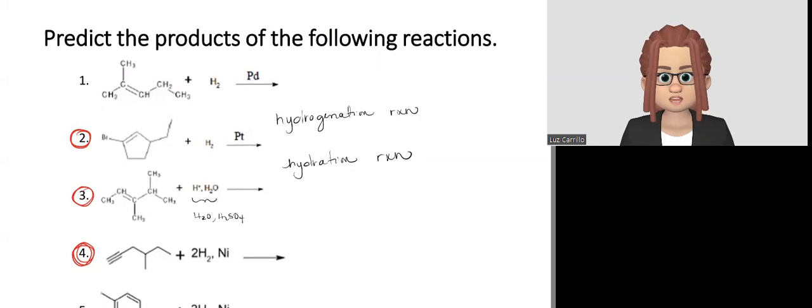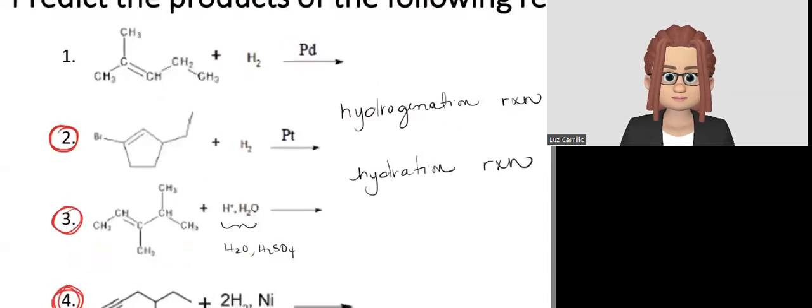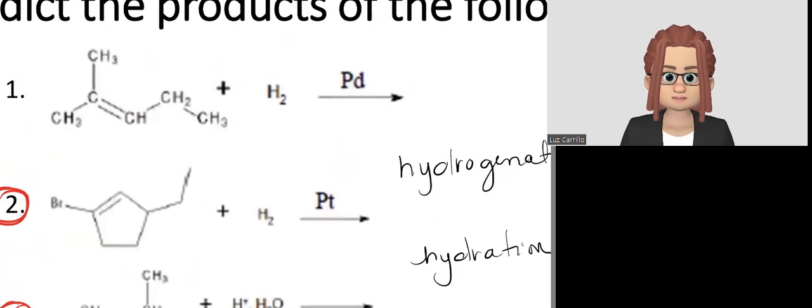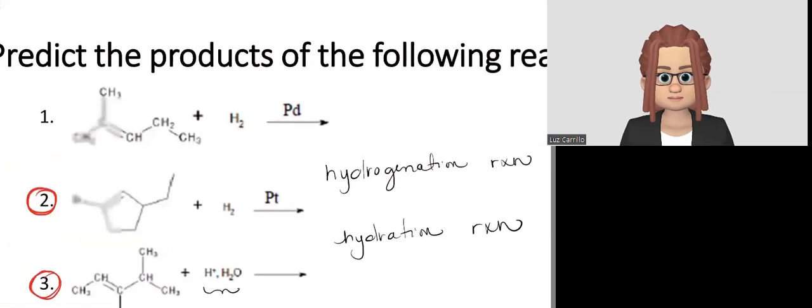In the case of hydrogenation, they're going to receive hydrogen. So for the product prediction for reaction 2, I write the reactant given.